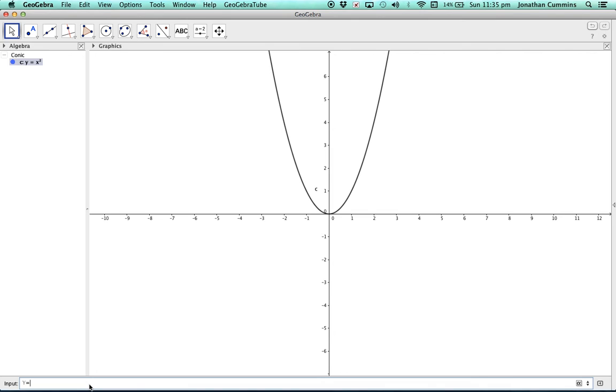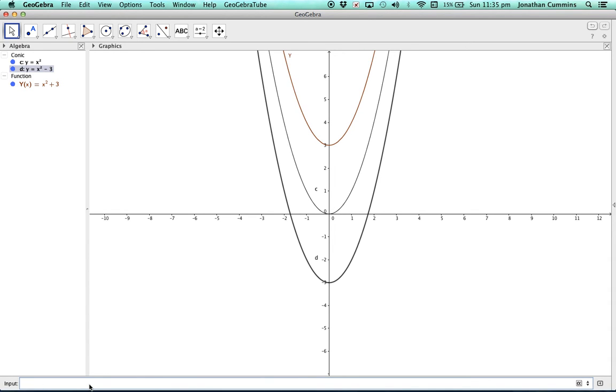Y equals x squared plus 3. And perhaps not surprisingly, because we've added 3 to everything, the whole graph shifts up by 3. And similarly, if we do y equals x squared minus 3, you get the same graph but shifted down by 3 units.